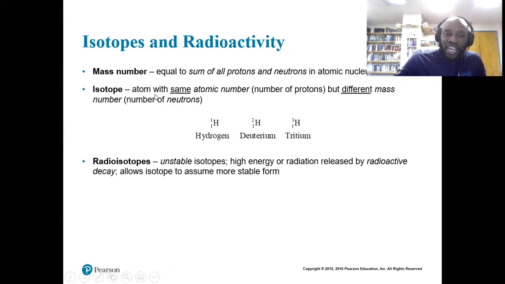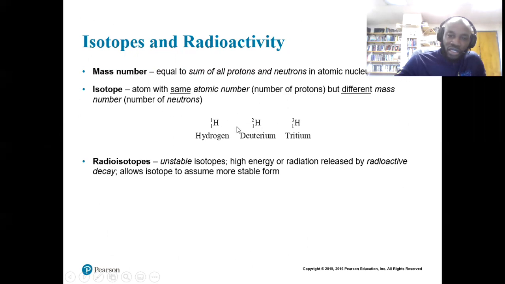An isotope is an atom with the same atomic number, that means the same number of protons, but different mass number, so different number of neutrons. Hydrogen, for instance, you can have hydrogen with 1, hydrogen with 2, hydrogen with 3.